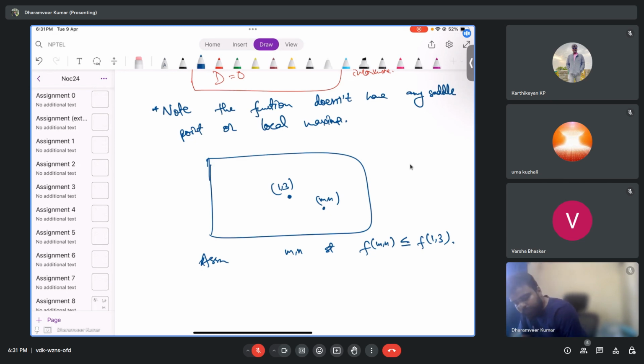What you do, you draw something like this, a circle, or rather just take the two points and draw something like a full circle, something more than this.